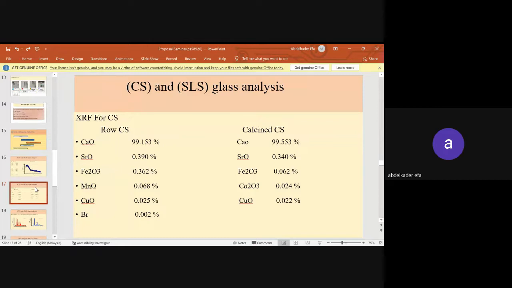For the clamshell, this result is for raw material, and this for calcined.